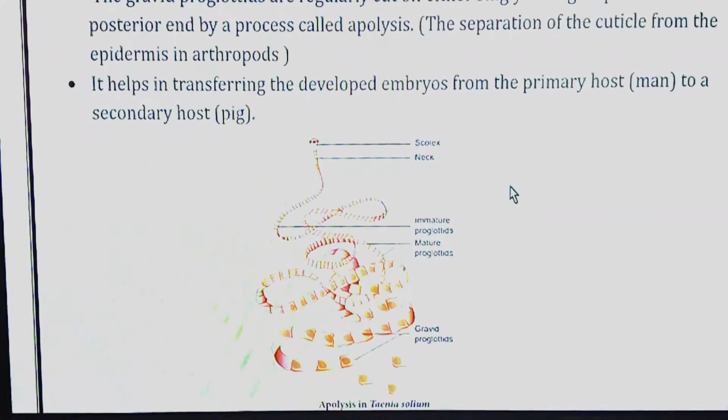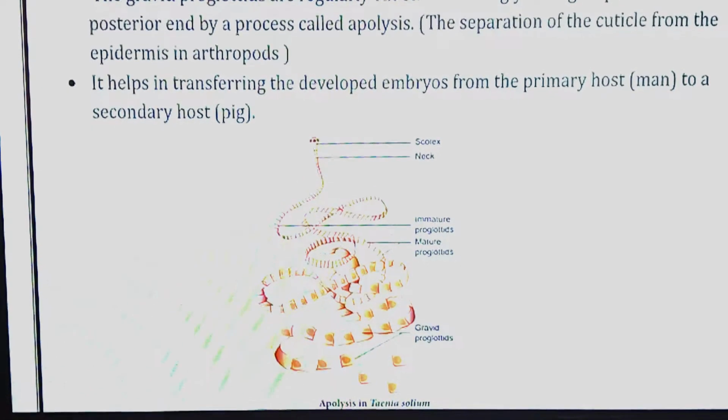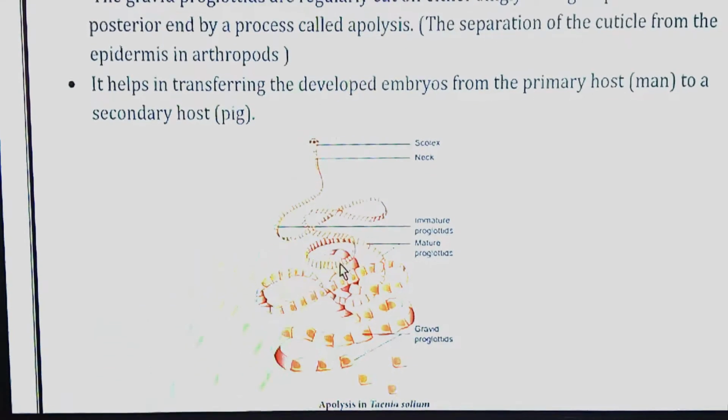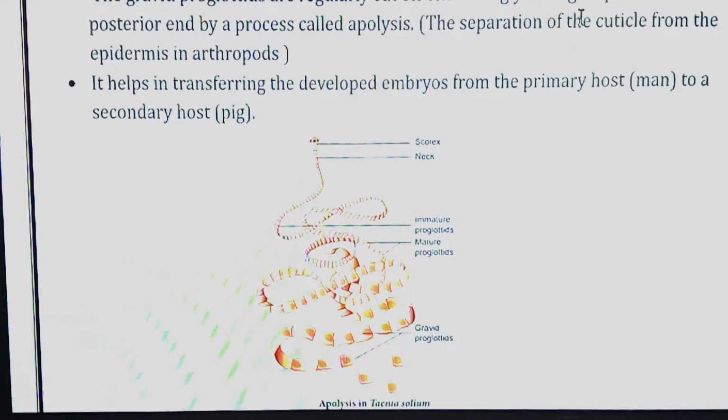So what about fragmentation in Taenia solium, or tapeworm? In the tapeworm, at the posterior end of the body, we see the mature or gravid proglottid. That is the oldest posterior end of the tapeworm body, which is called the strobila. This will detach itself. They will regularly be cut off from the individual body, either singly or in groups, by the process called apolysis.